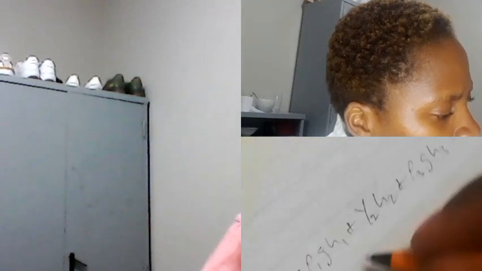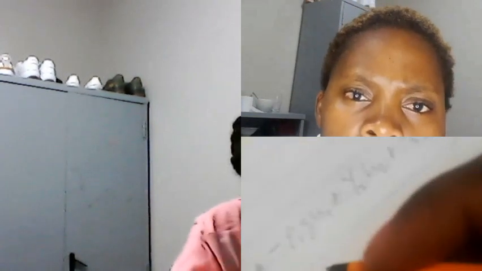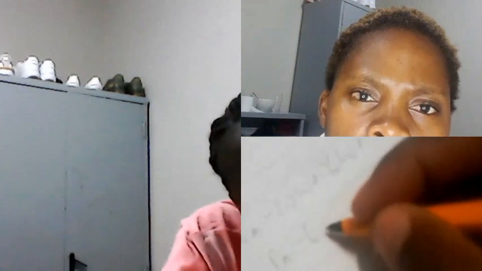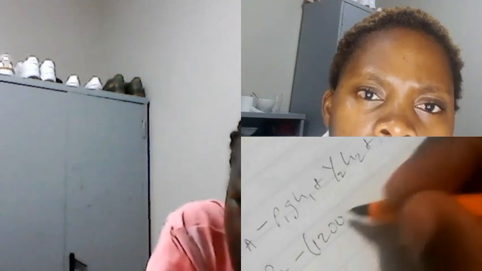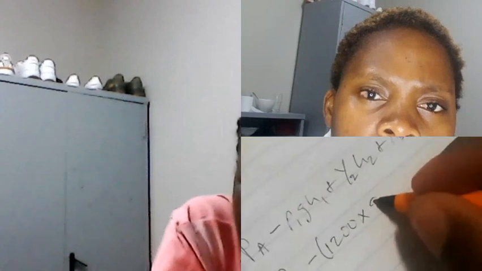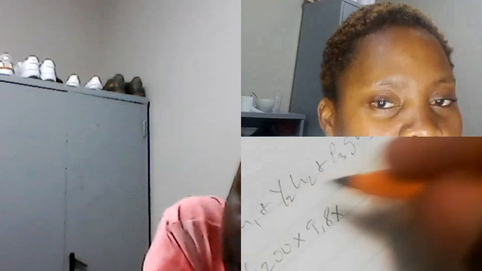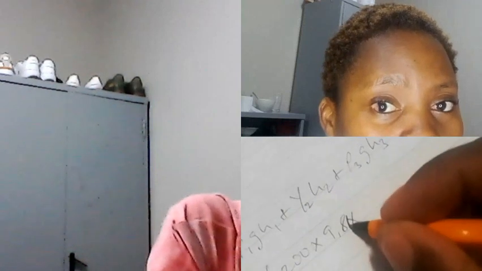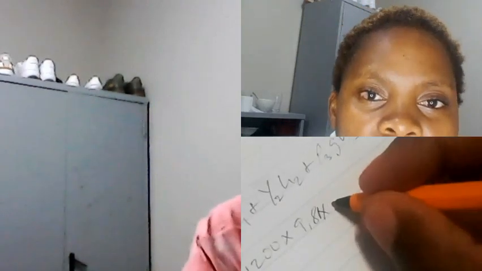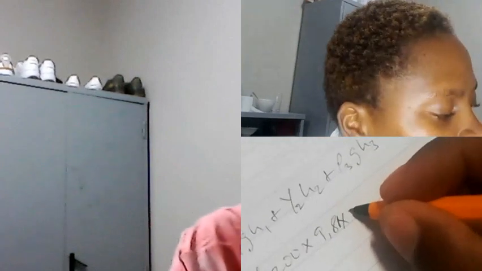Now we're substituting: PA minus, and in the first one we have the density, 1,200, multiplied by 9.81, and then multiplied by 2. It was 2 meters, right? Yes. Then plus gamma 2, and the height was 1, right?